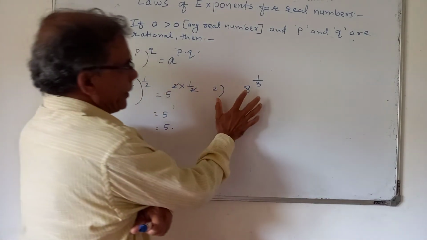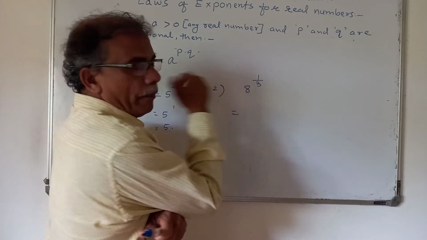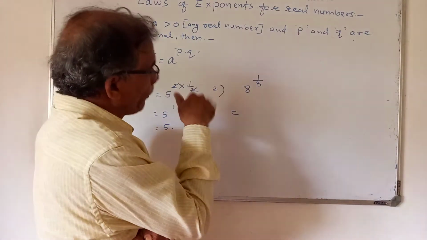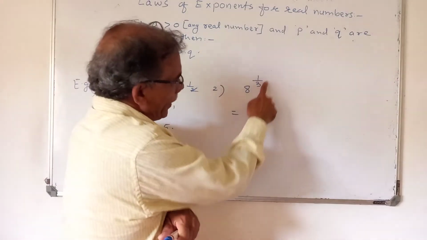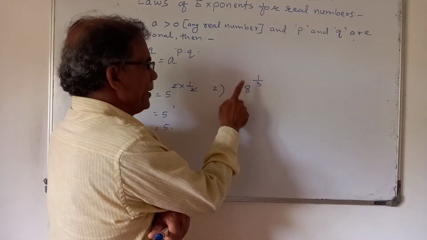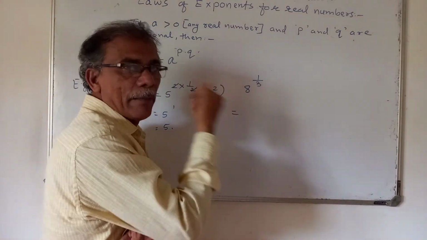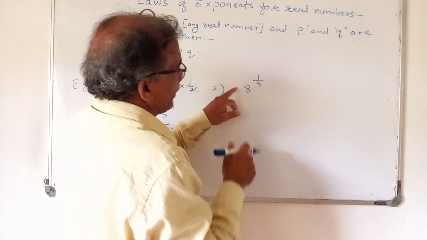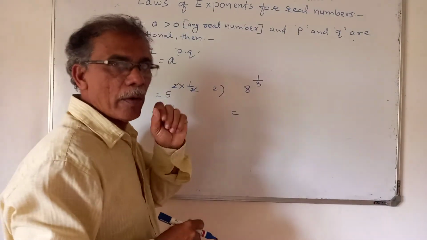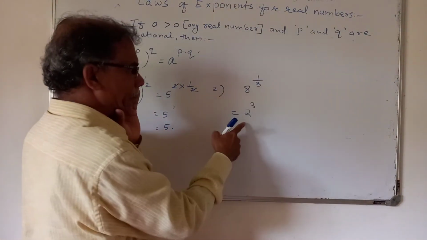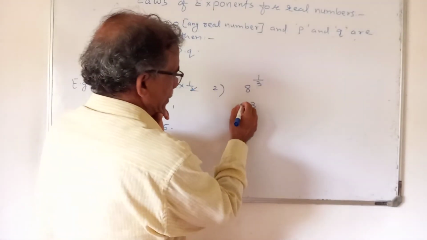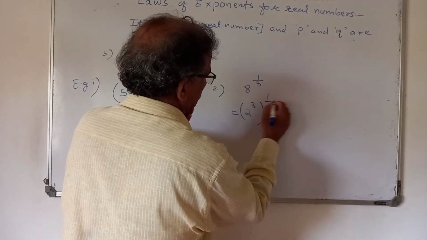You have to convert this as some power of a number. But how to express that? If it is upon 3 here, 1 by 3, you have to see this base is cube of which number? It is cube of 2. So 8 you write as 2 raised to 3. 2 raised to 3 means finally 8. And raised to, you write this, 1 upon 3.